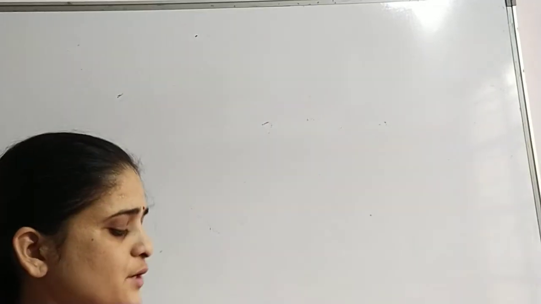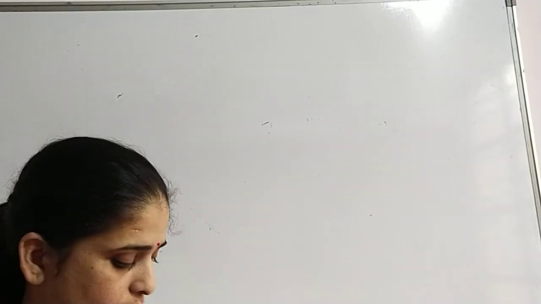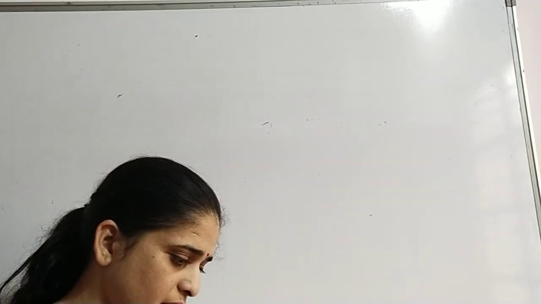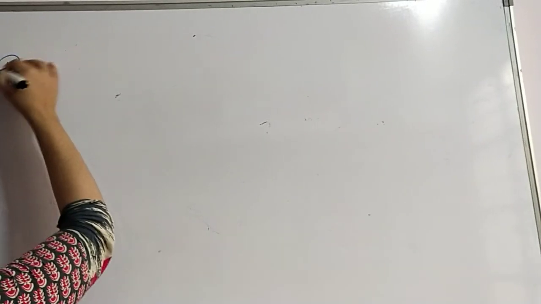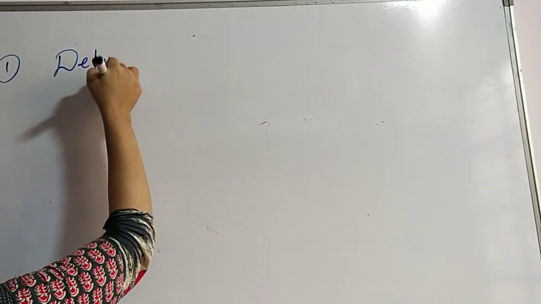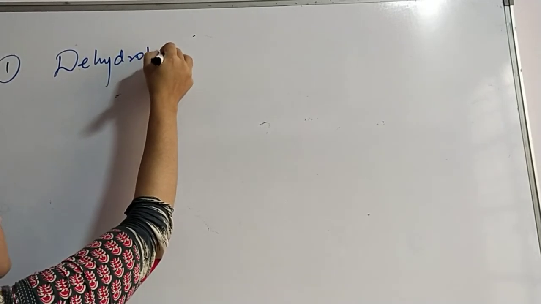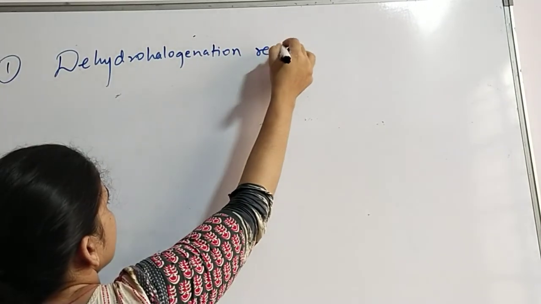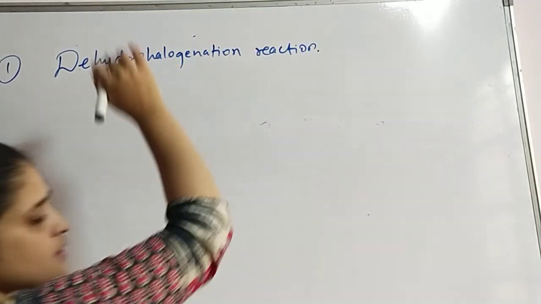So now let's discuss an example which you mostly know, that a strong base is alcoholic KOH and its action, that is a dehydrohalogenation reaction. The first reaction we are going to discuss here is the dehydrohalogenation reaction. Let's study it.